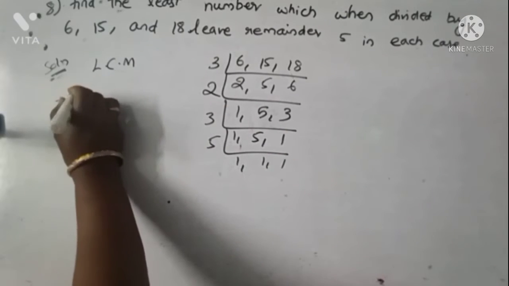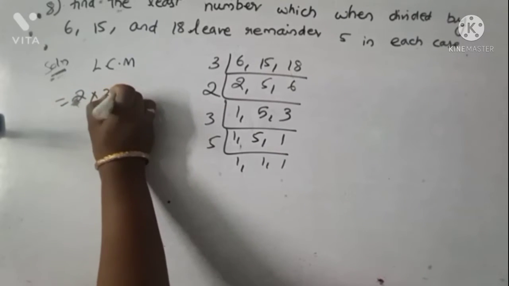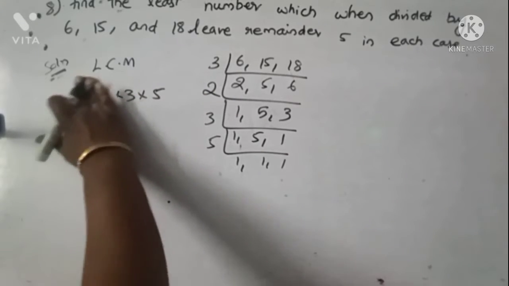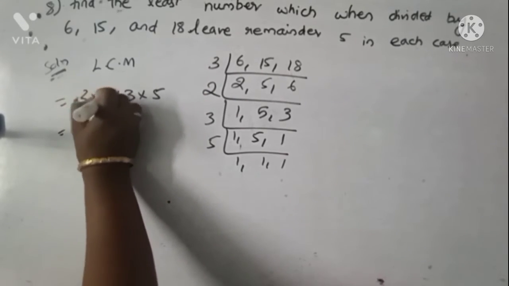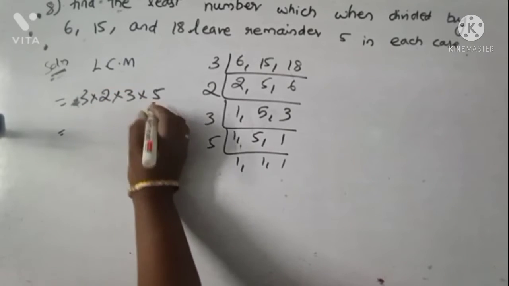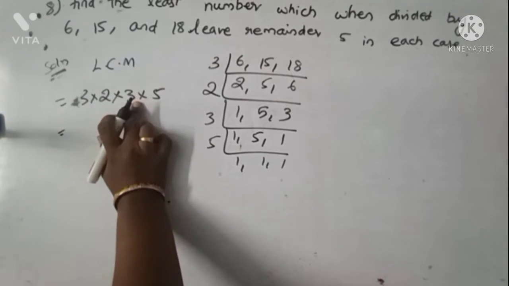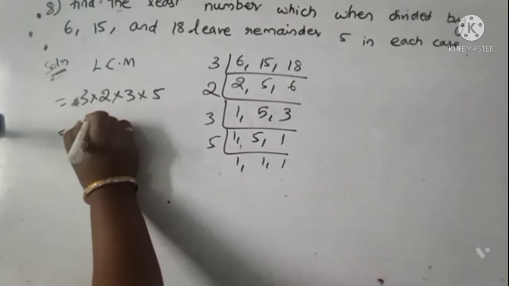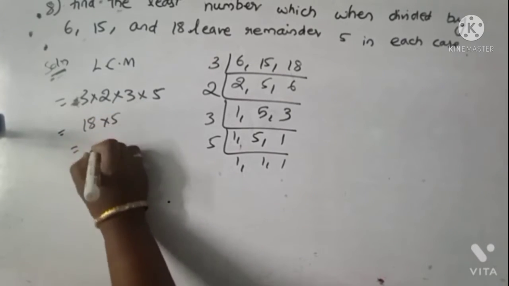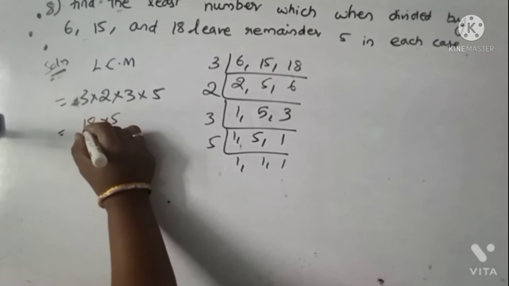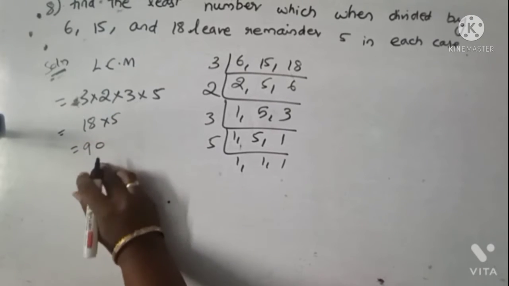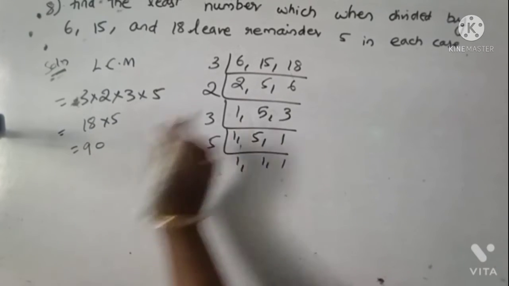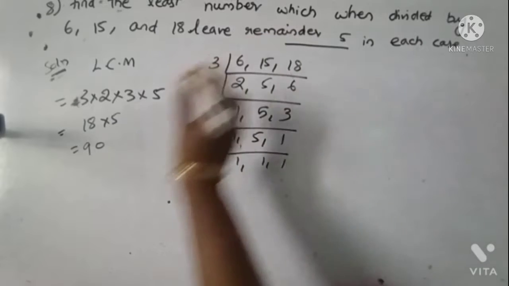So LCM equal to 3 into 2 into 3 into 5. 3 2s are 6, 6 3s are 18, 18 into 5 gives 90. So the least number is 90 and here it leaves a remainder 5.